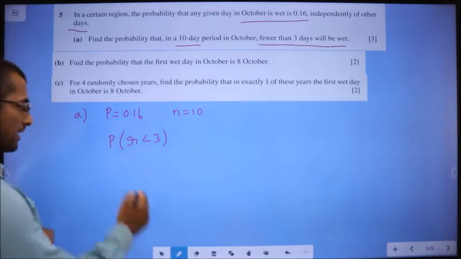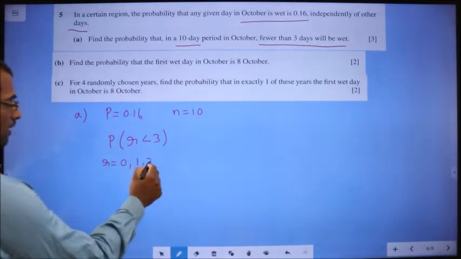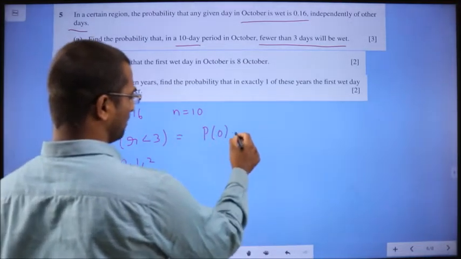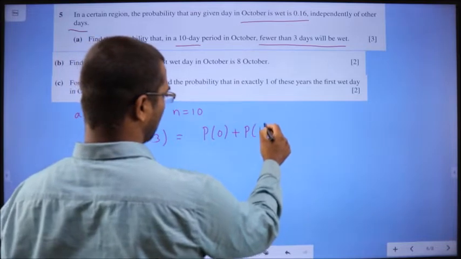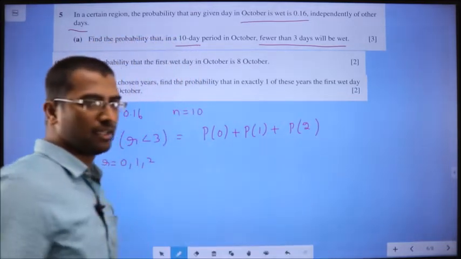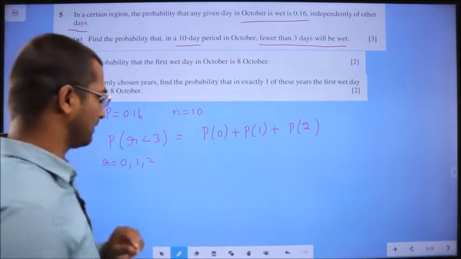R less than 3 means what all values will I get for R? 0, 1 and 2. So that is equal to P of 0 plus P of 1 plus P of 2. Write for each the binomial distribution formula and add.